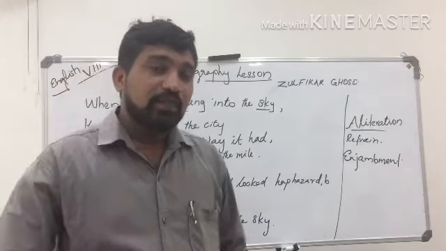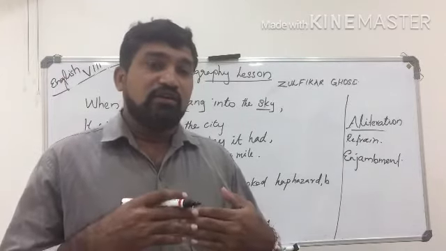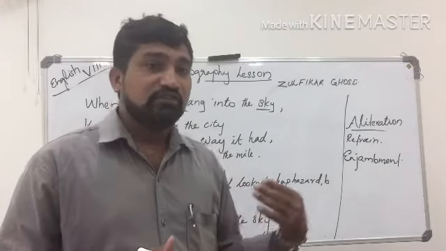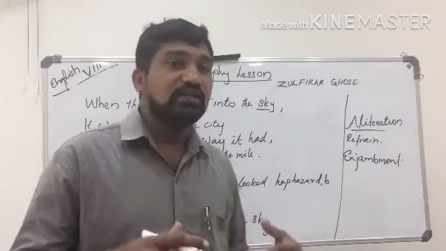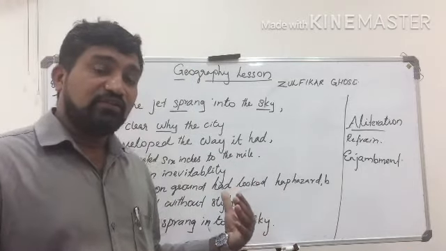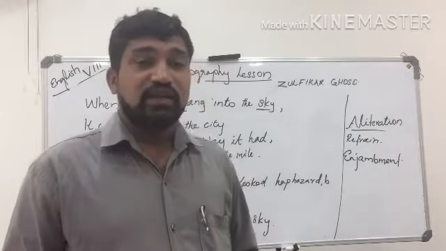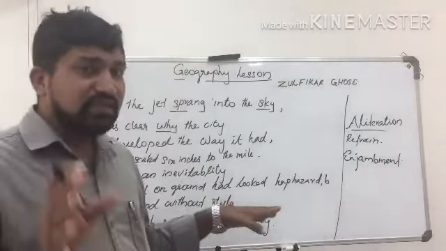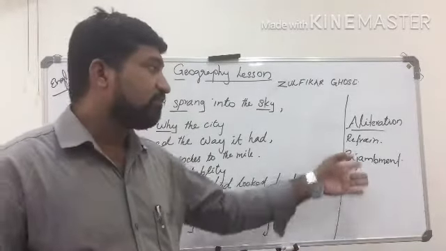Refrain: a line or a part of a line, a phrase, is repeated in a poem, at the beginning and the ending. The beginning line is repeated at the end of the stanza. And it gives a beauty to the poem, refrain.